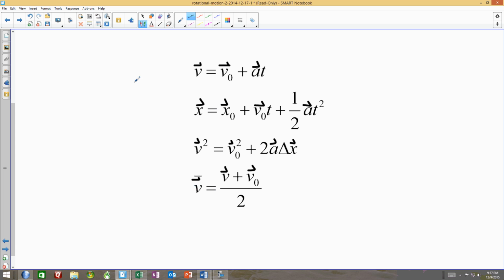Velocity is the displacement per unit time. So remember, we define this as being delta x over delta t. If you substitute this into this equation right here, you get that final fourth equation that I gave you, which is delta x equals 1/2 times v final plus v initial, all times delta t.